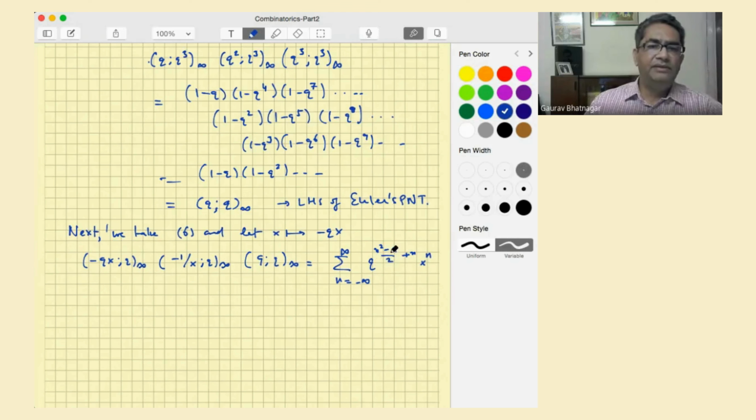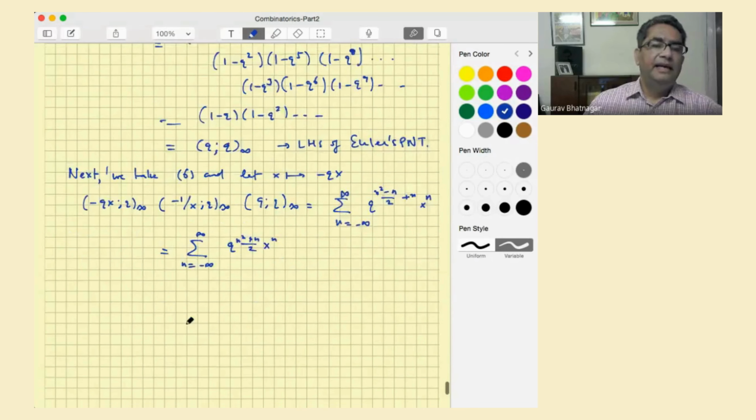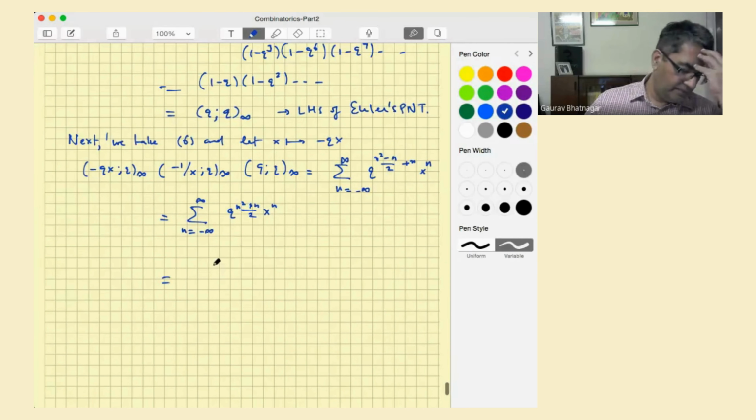And this one I'm interested in writing in a little different way. So first I just combine the two. So it's q^((n^2 + n)/2) x^n. And then I split it.